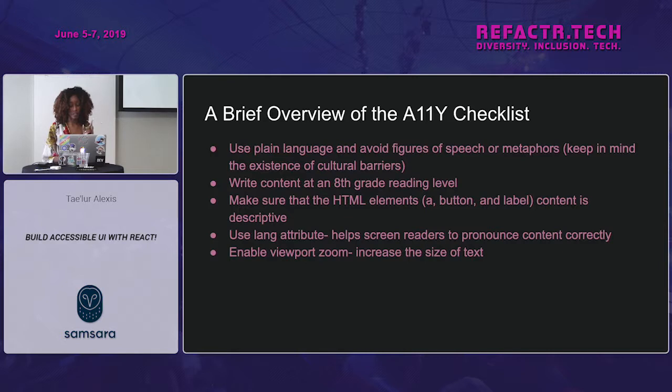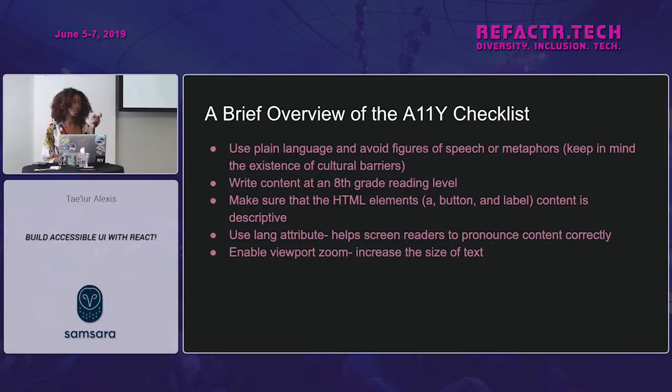So just make sure that you're being compassionate with the content that you create. And then writing content at an 8th grade reading level, making sure that the HTML elements, a button and label content is descriptive, and then enable viewport zoom, increasing the size of the text, which is really, really important.